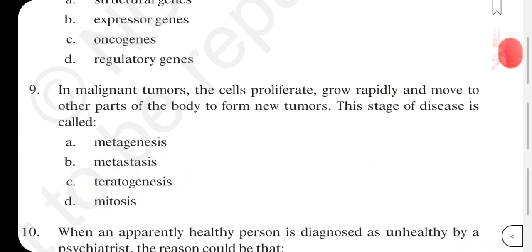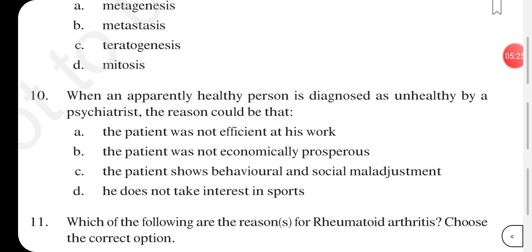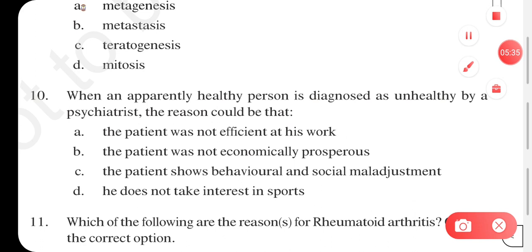Okay, next question. When an apparently healthy person is diagnosed as unhealthy by a psychiatrist, the reason could be that the patient was not efficient at his work, the patient was not economically prosperous, the patient shows behavioral and social maladjustment, or he does not take interest in sports.